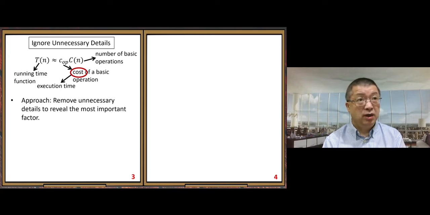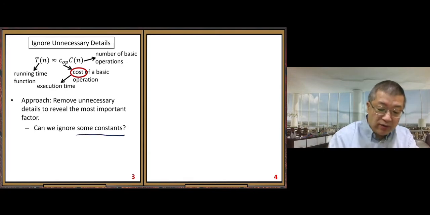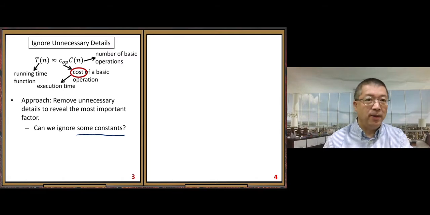What kind of details can we ignore? Some constants we can ignore, but some we cannot. So we need to look at what kind of constant they are.